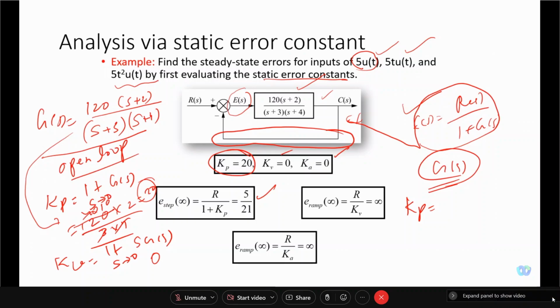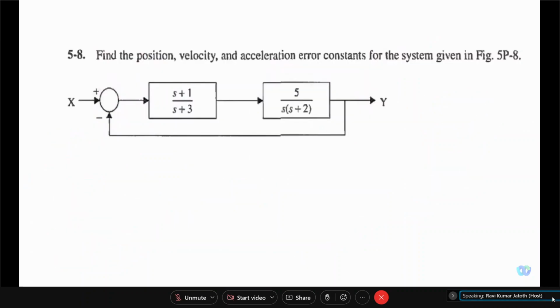So it is 5 by 21. Similarly, here Kv is 0, so the steady state error for a ramp input is infinity. And the parabolic error is also infinity.